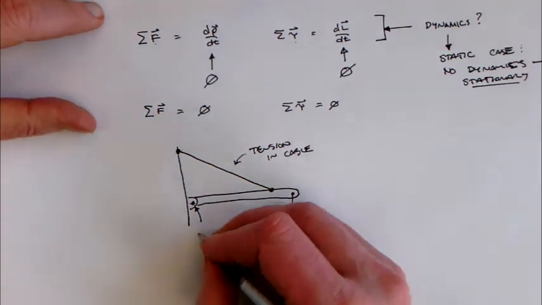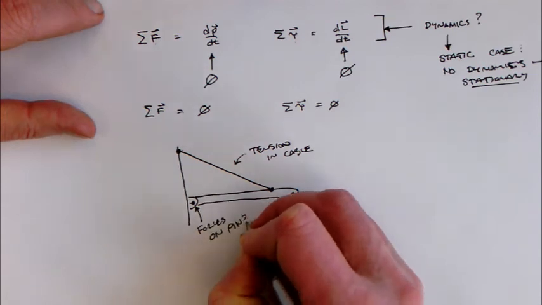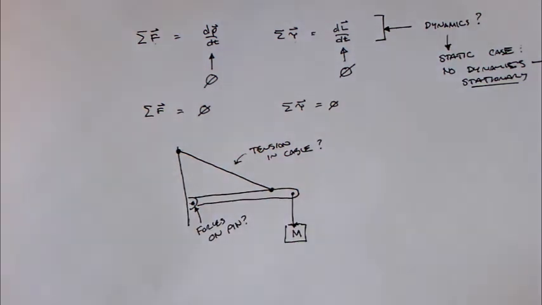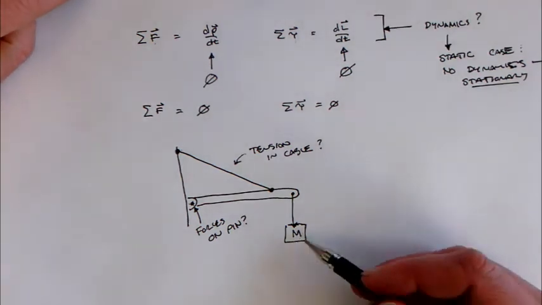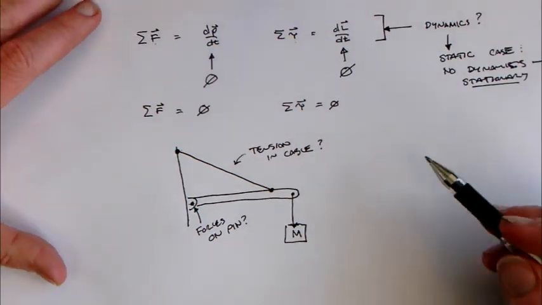So what are the forces on the pin? Those are questions that you realistically would like to answer before you hung someone in an elevator off of this, or whatever you are doing in building this thing.